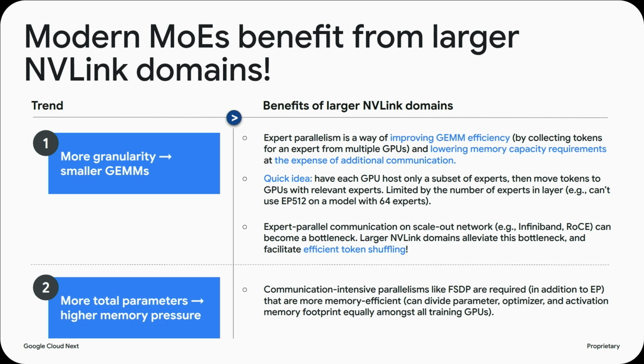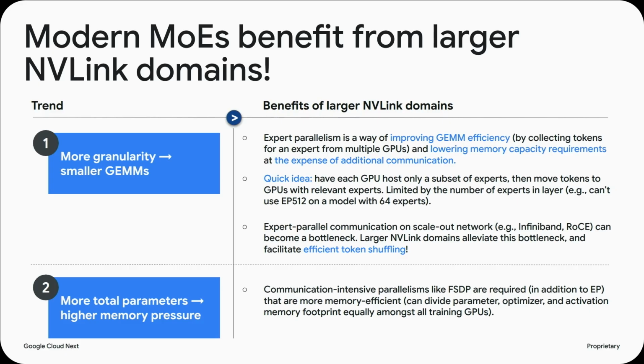Briefly, with expert parallelism, you're trying to collect more work on each GPU for a particular expert. So you shard your experts across the different GPUs, and then you do a distributed permutation to ensure that all the tokens that are routed to a particular expert go to a single GPU. And this makes the GEMMs on that GPU larger and more efficient to run.